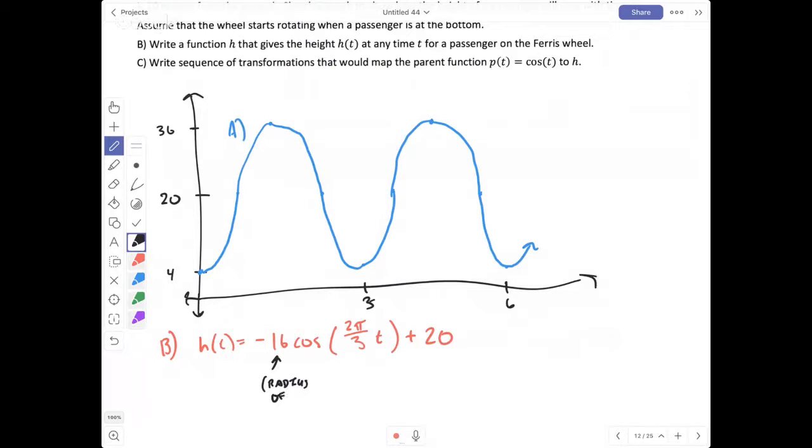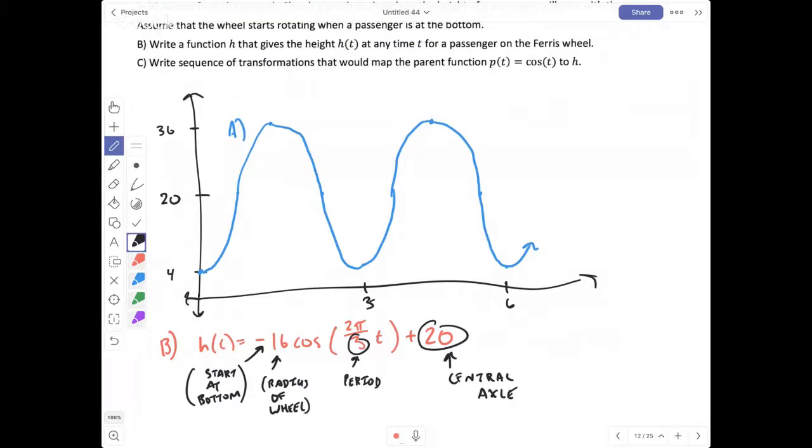Here, it's negative because we start at the bottom. Here we've got the period, and here we've got the central axle. And the 2 pi is the natural period of cosine x.